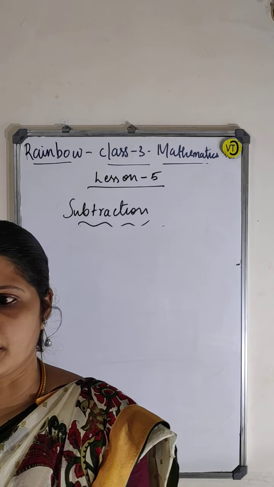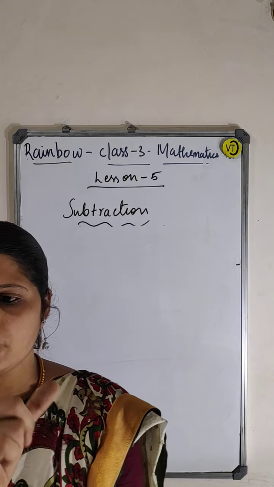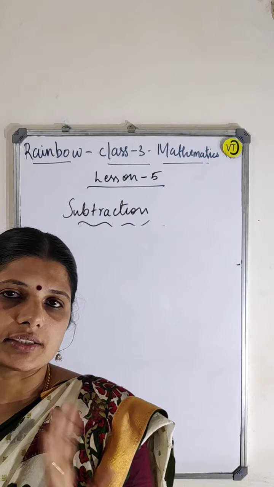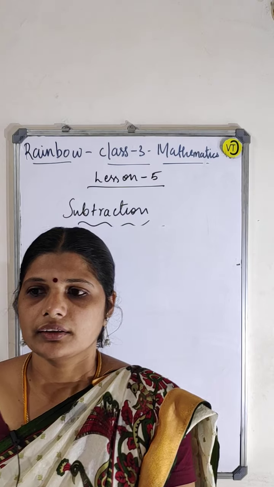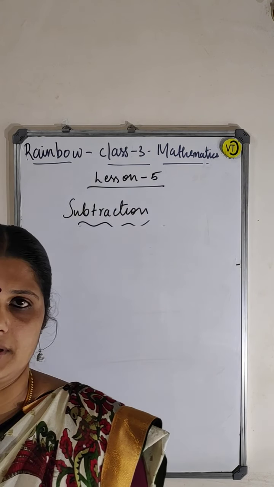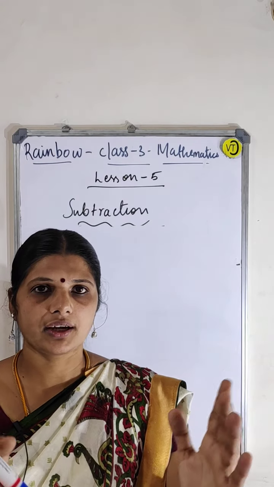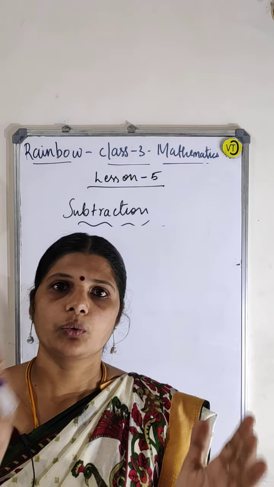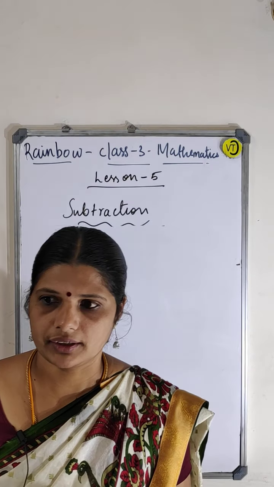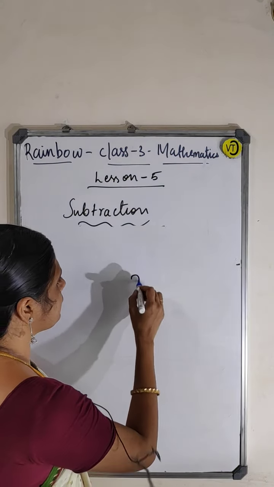The total book is 300 pages. Then how many pages does she still have to read to complete the book? Already 300 is in the book, 123 she read, what is remaining? Right? So what will you do?